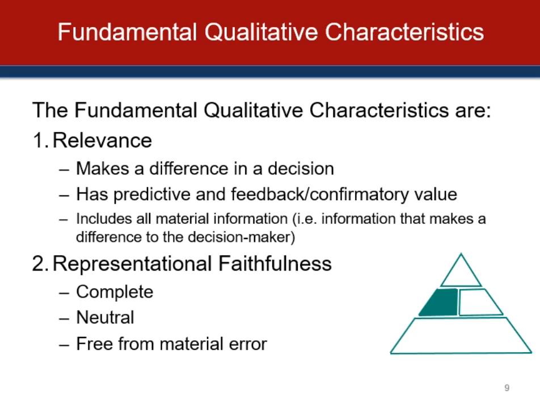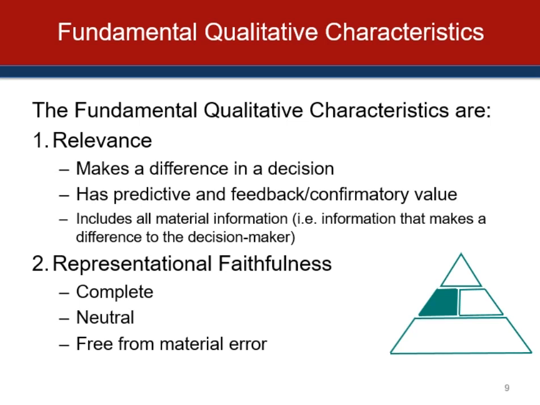So a brief description of each of these characteristics, particularly relevance and representational faithfulness, would be important at this point. Relevance means accounting information is relevant if it can influence the decision of users. So it's capable of making a difference in the decision. The financial information is capable of making a difference when it has predictive value, confirmatory value, or both.